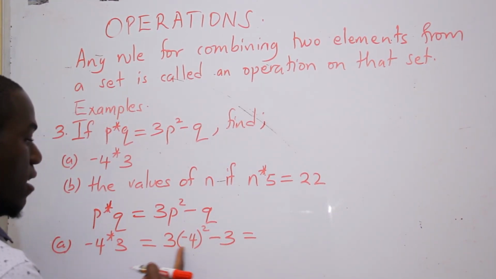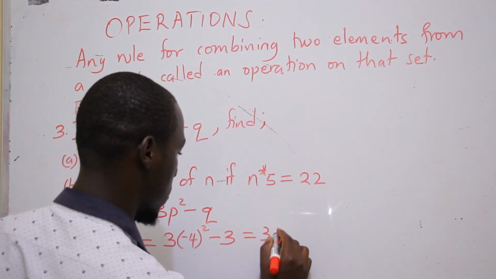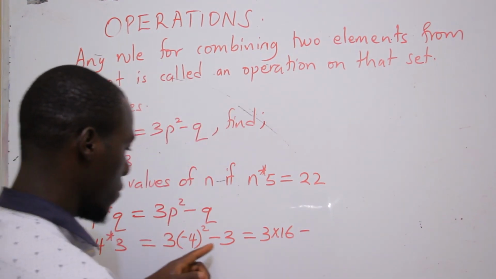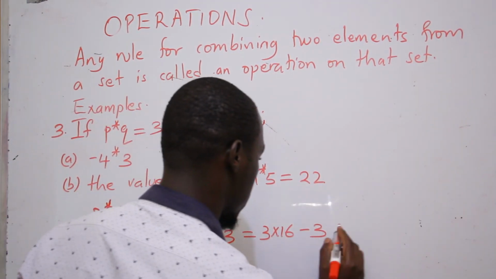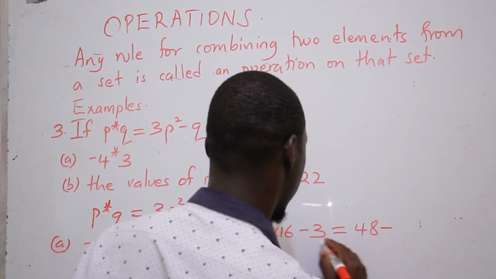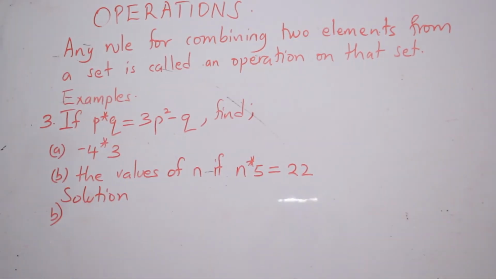Squaring negative 4, I get a positive 16, then minus the 3. So 3 times 16, that's 48, minus the 3. When I subtract, I get 45.